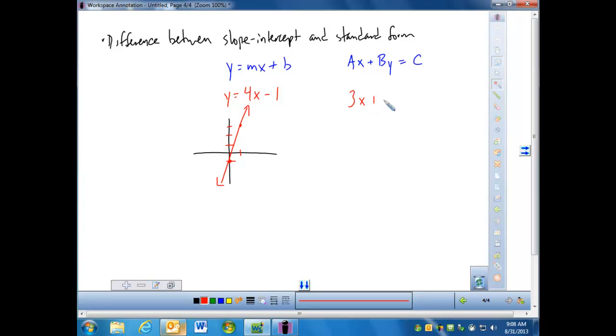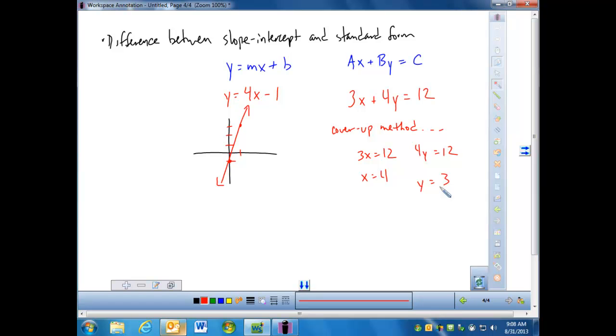Now if we write it like this in standard form, 3x plus 4y equals 12, you might be familiar with the cover-up method, where I just isolate one variable at a time and pretend the other one isn't there. If I covered up 4y right now, I'd have 3x equals 12, and that would give me x equals 4. If I cover up 3x, I'd have 4y equals 12 and y equals 3.